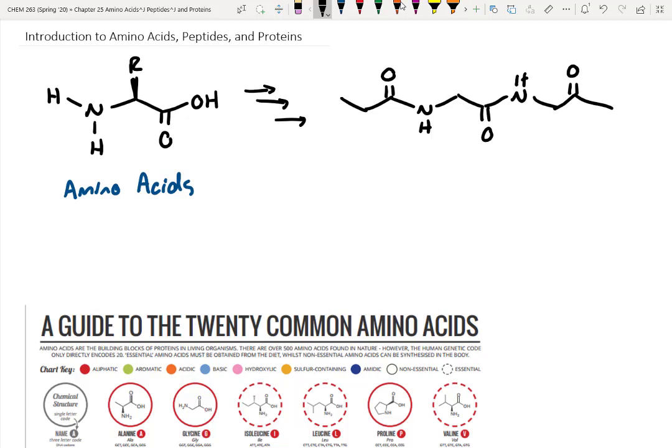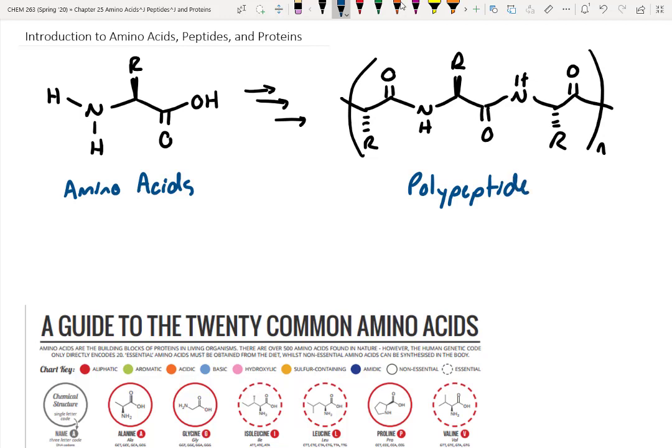And I'm going to bracket this off kind of like we did in the peptide chapter, and this could repeat a certain number of times. This R group would come off here as a dash, over here it would be a wedge, over here it would be a dash, and it would just repeat over and over and over again. So this is just referred to as a polypeptide.